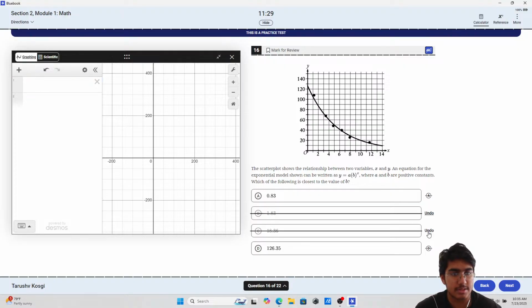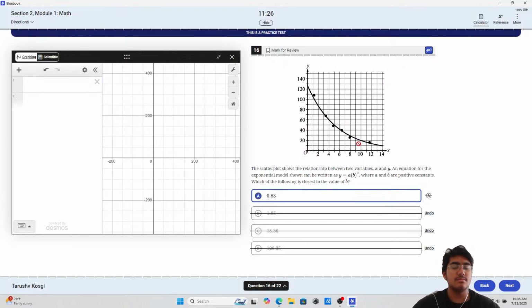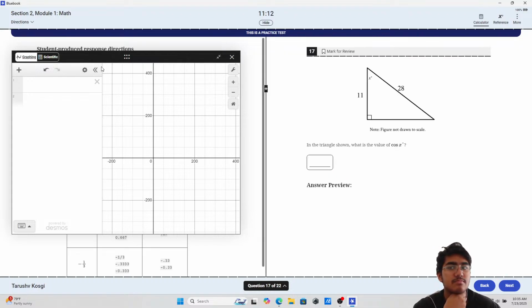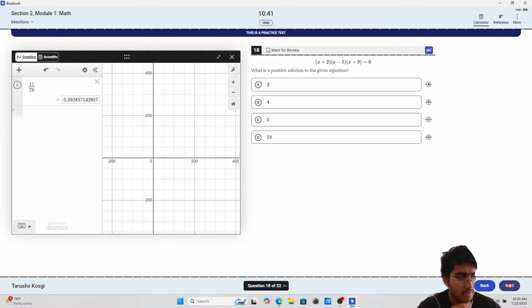So it's decreasing, so it has to be less than 1. 0.83. 80%, 80%. Yeah, I'm gonna go with that.